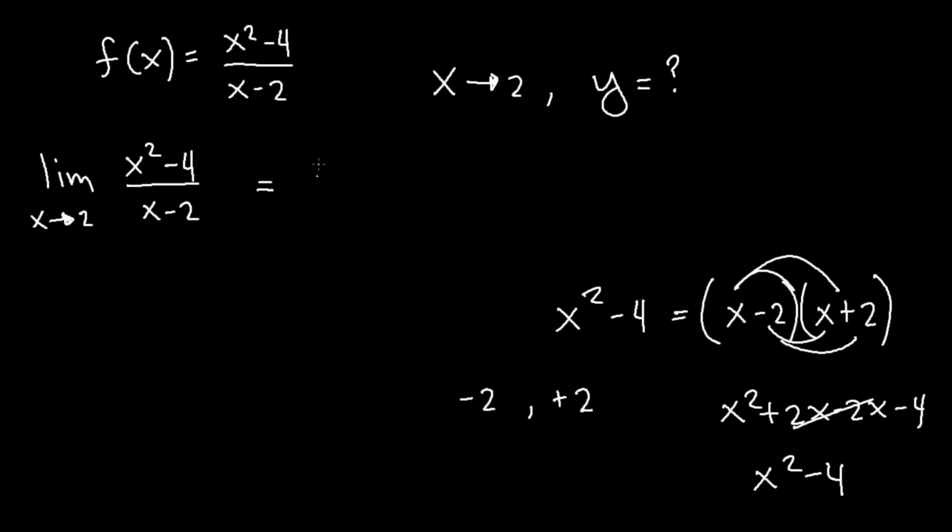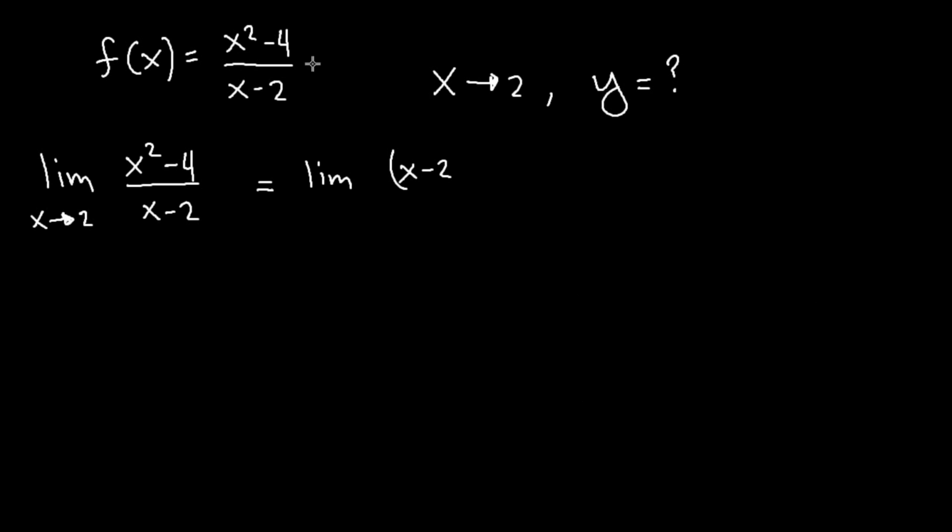So you can now write it as the limit of x minus 2 times x plus 2 over x minus 2 as x approaches 2.